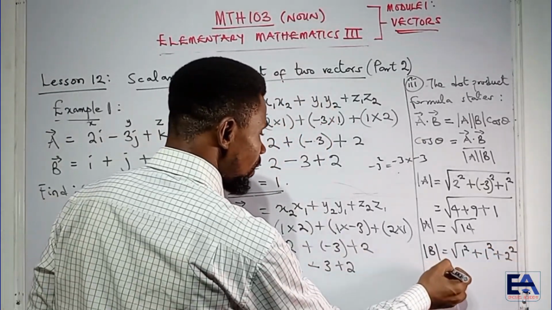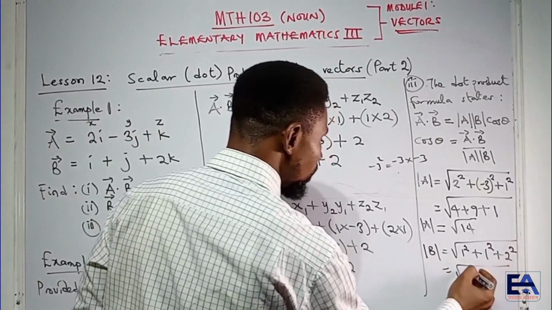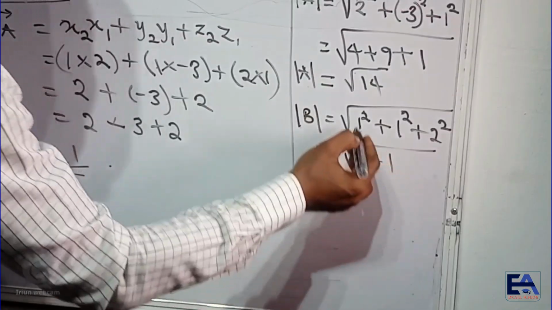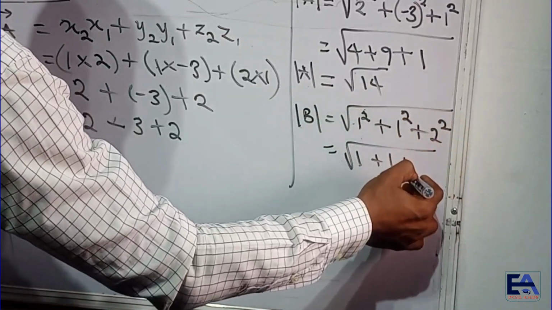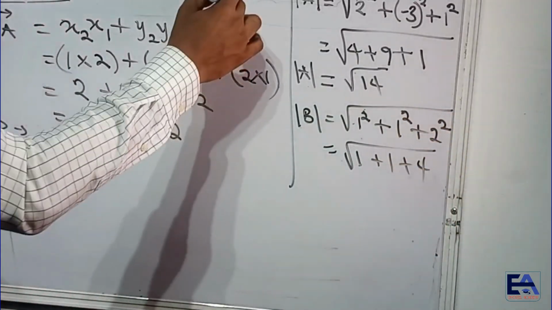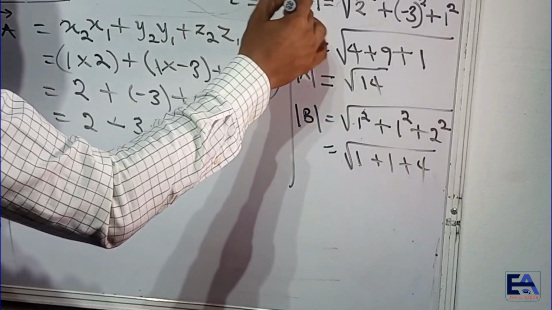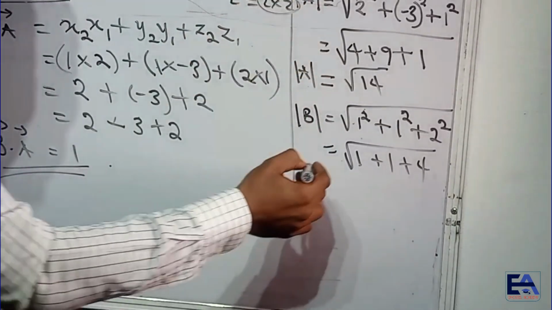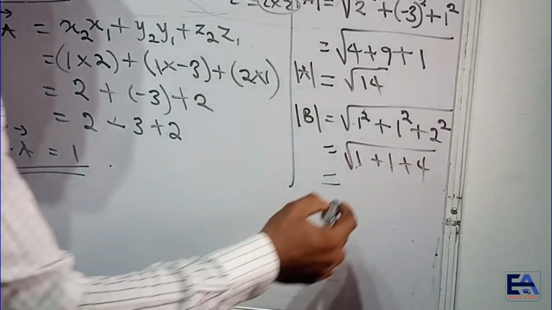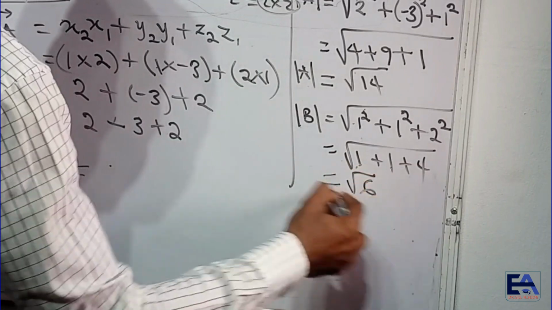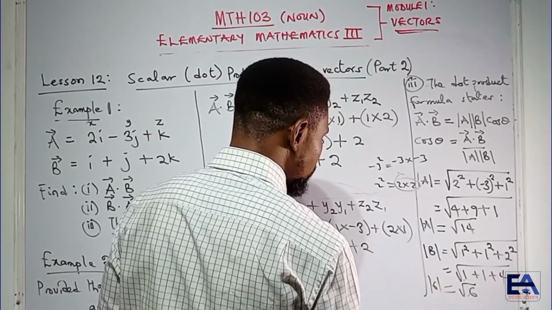Having that will be 1 plus 1. 1 raised to power 2 is 1. 1 times 1 again is 1. And 2 times 2 is 4. That's 2 raised to power 2 means 2 times 2. All right, then 1 plus 1 is 2. 2 plus 4 is 6. So we have the square root of 6 as the magnitude of B.